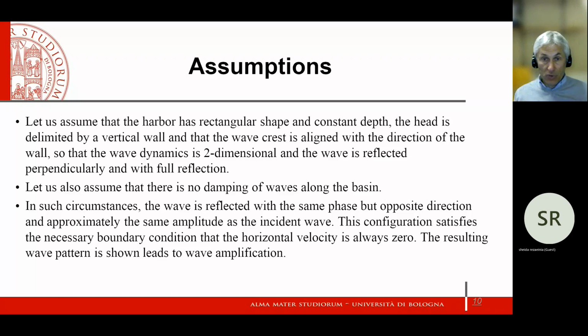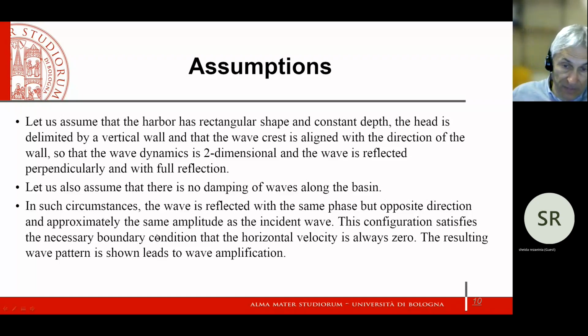And the same for the exact superimposition of the two troughs. It means that the wave goes down to a depth that is twice the depth of the incoming wave. So the two waves sum up, and they sum up because there is a reflection with the same phase.